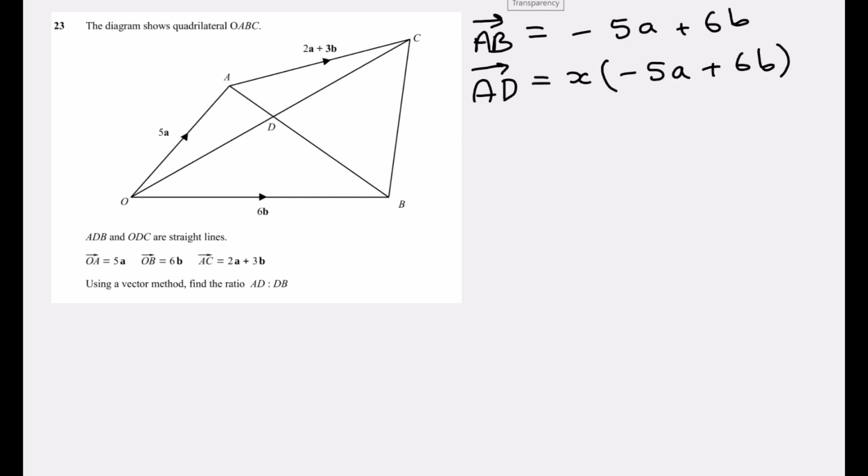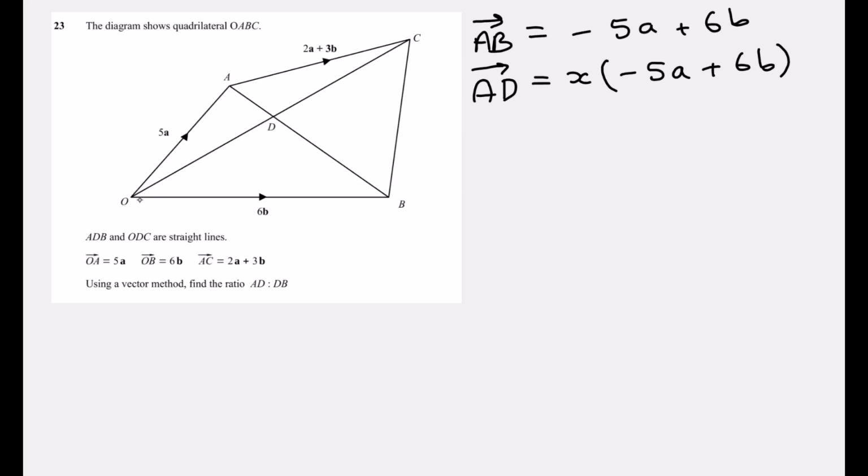How else can we get from A to D? So we really want two ways of doing it. Instead of going straight down there, we can go down there and up there. We can take a long route. But either way, we can make those two equal to each other.